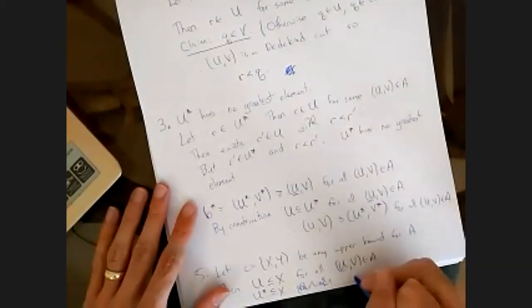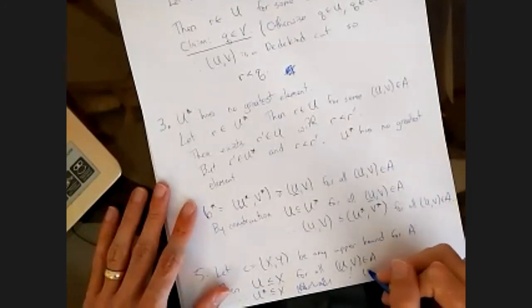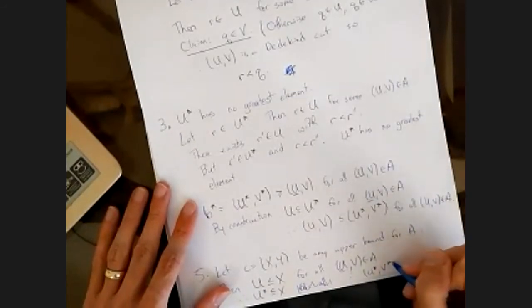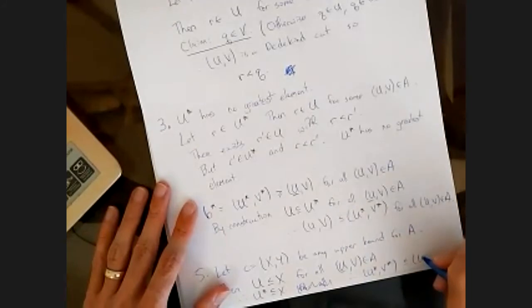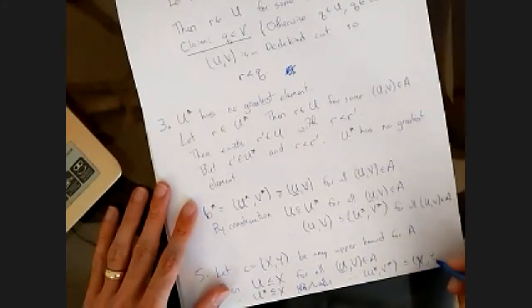So that means that U star, V star is less than or equal to X, Y. Okay, so now we are done.